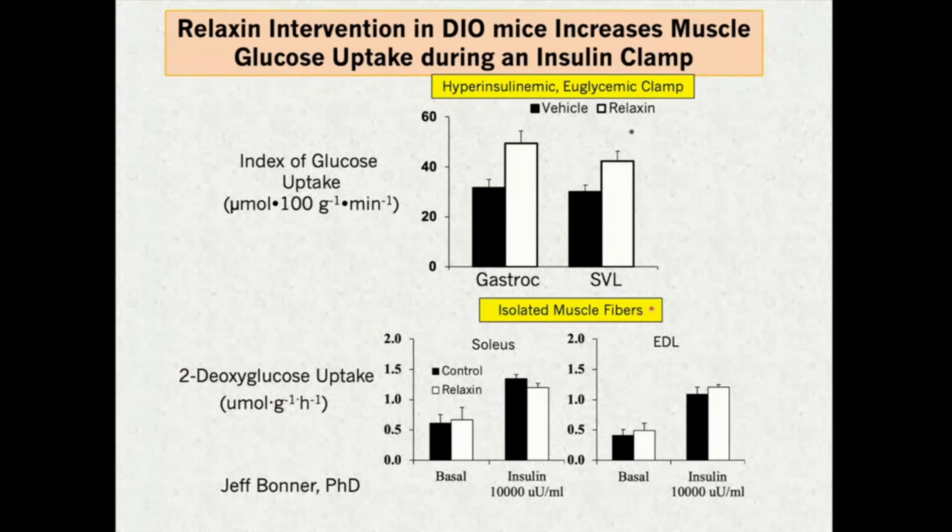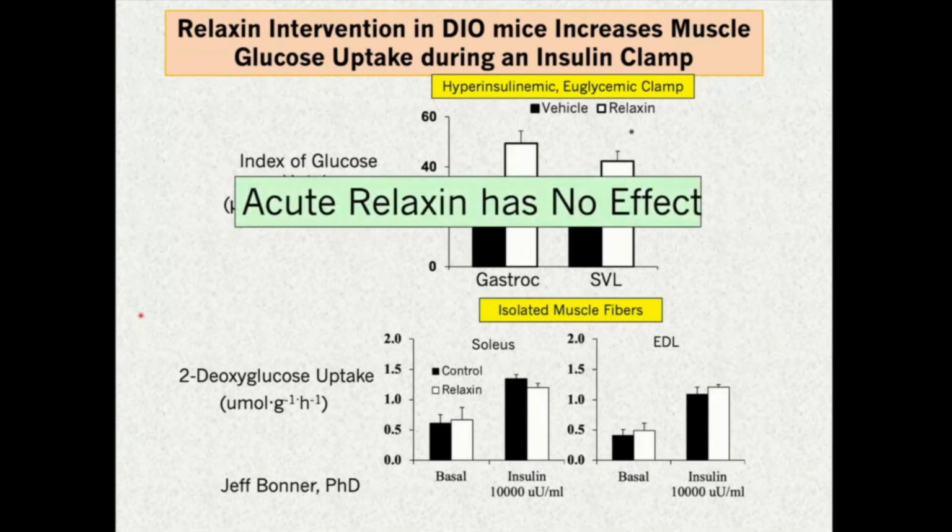Now, in isolated muscle fibers, the effect is gone, suggesting that it's because of an extramyocellular mechanism, presumably due to an increase in flow. However, again, acute relaxin had no effect. We just gave it the day of the experiment during the insulin clamp. It had no effect.